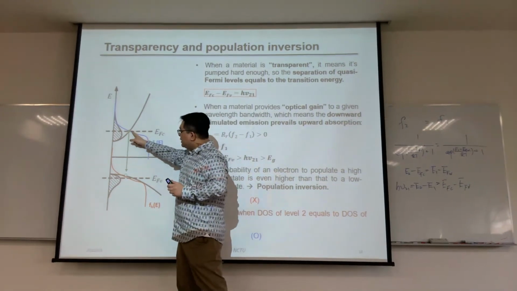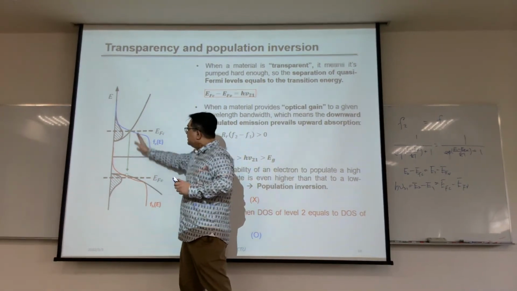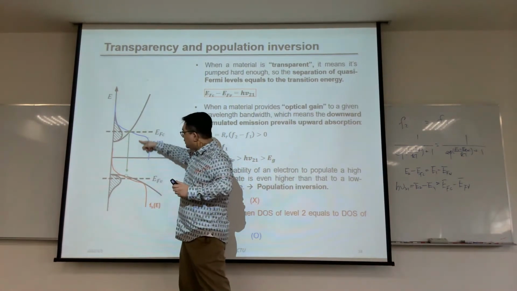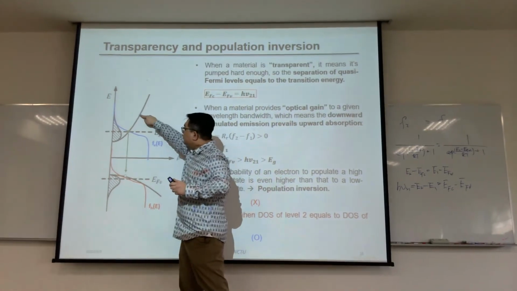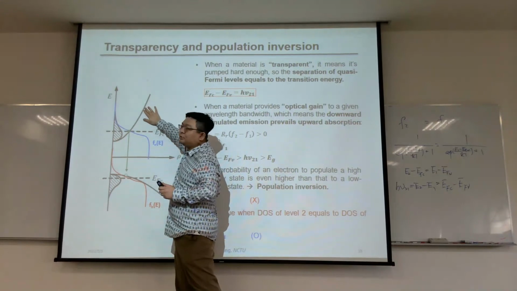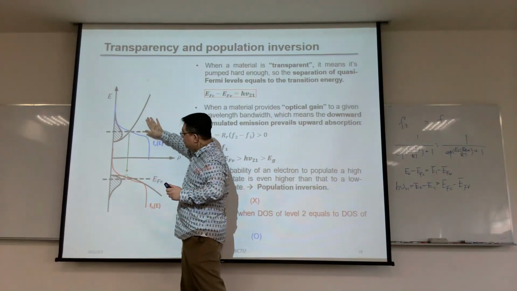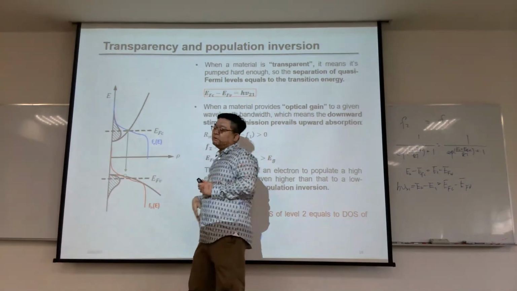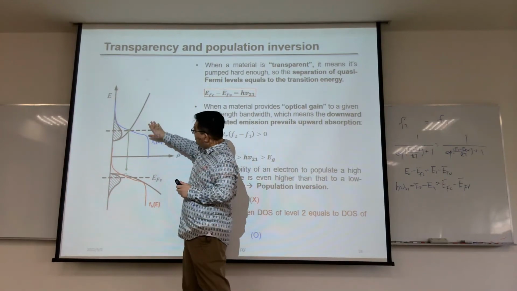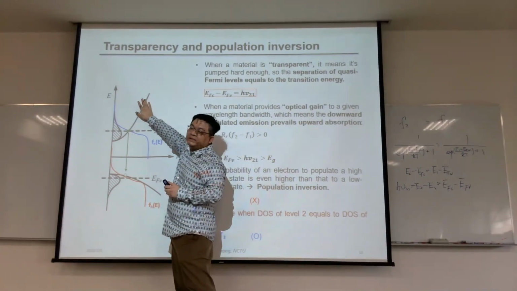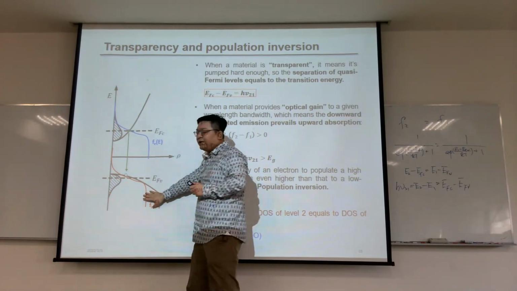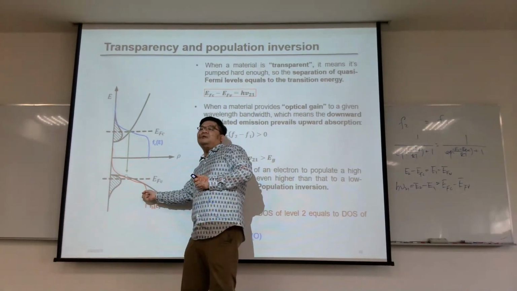If your transition is a little bit further, for example from this one to this one, with the transition from an even higher E2 to an even lower E1, there are vacant states up here and more electrons at the lower level.